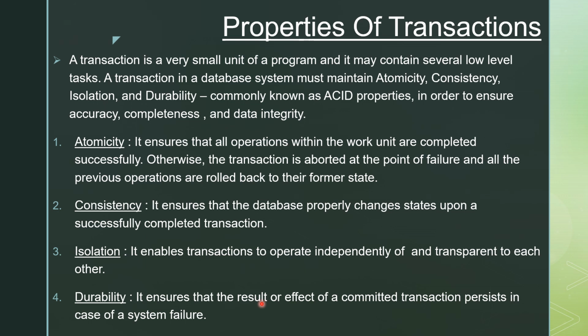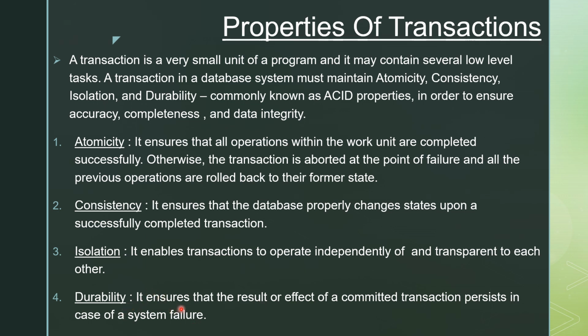After the transaction is done, it should be complete and committed. Whatever transaction has been done should not be undone, meaning it should not change, even if the system fails. For example, when we transfer money, it should not happen that the system fails after the transfer and the receiver does not get the money. That is called durability.